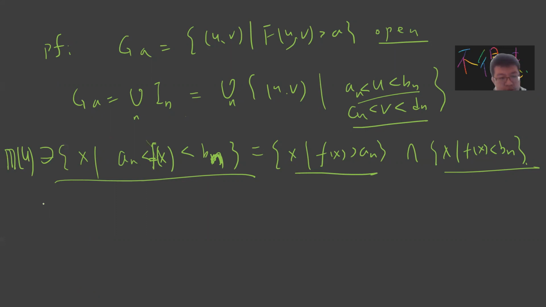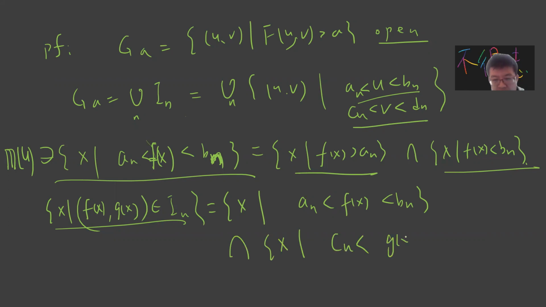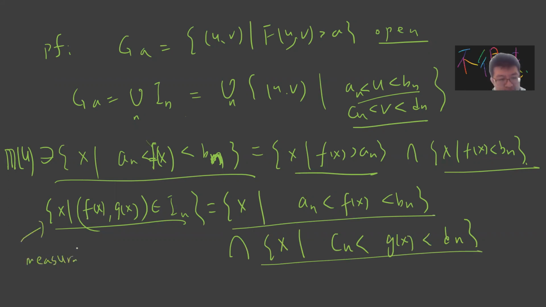Now I want to describe the set such that (f of x, g of x) belongs to I_n. If it belongs to I_n, it satisfies its property, so it's the set of x such that a_n is less than f of x less than b_n, intersected with the set of x such that c_n is less than g of x less than d_n. These are measurable by property, so the sets of x where (f of x, g of x) belongs to I_n are measurable.